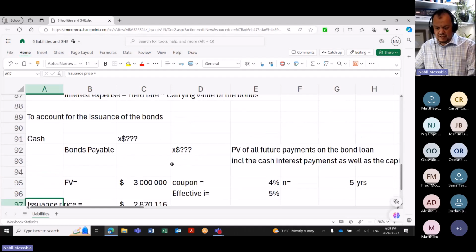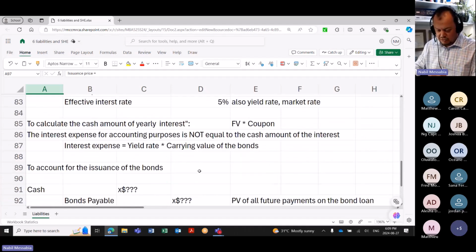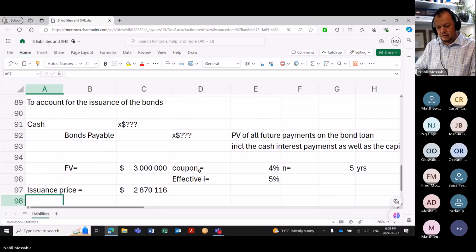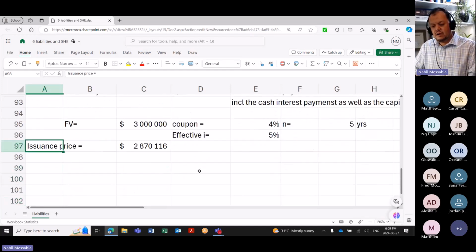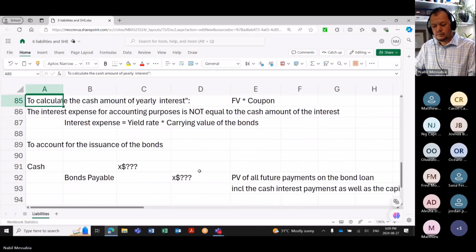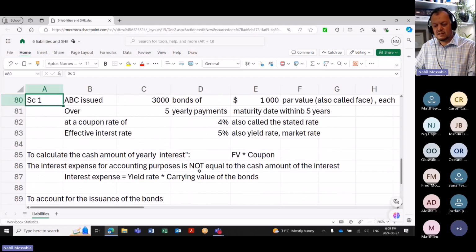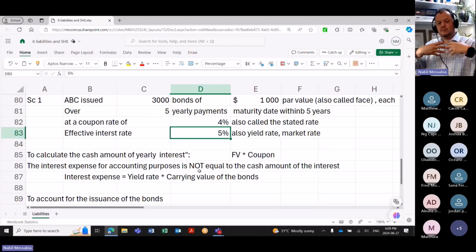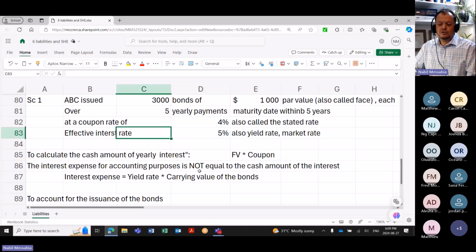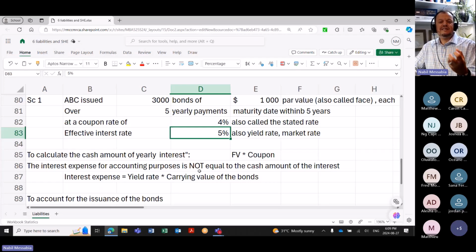What is the rationale of this? Look at this. According to the market, if you invest on the market as an investor, as a bondholder, not the company side, it is going to generate 5% interest income for you.